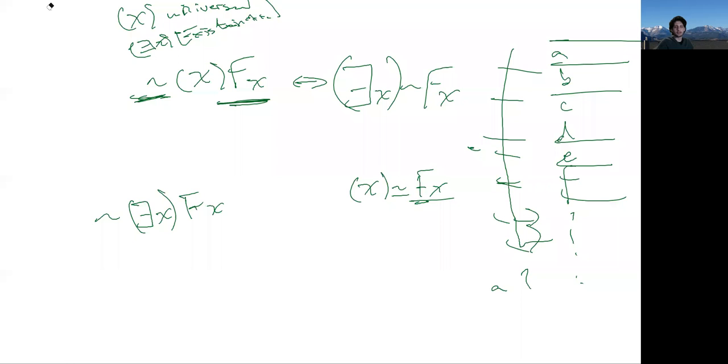So, the idea is these two are equivalent and these two are equivalent. And this should make a lot of sense. Remember, not just thinking about the list, you can think about it in terms of the ands and ors. Remember, the existence is just a big or. So this is just F of A or F of B or dot, dot, dot, with a tilde on the outside, right?